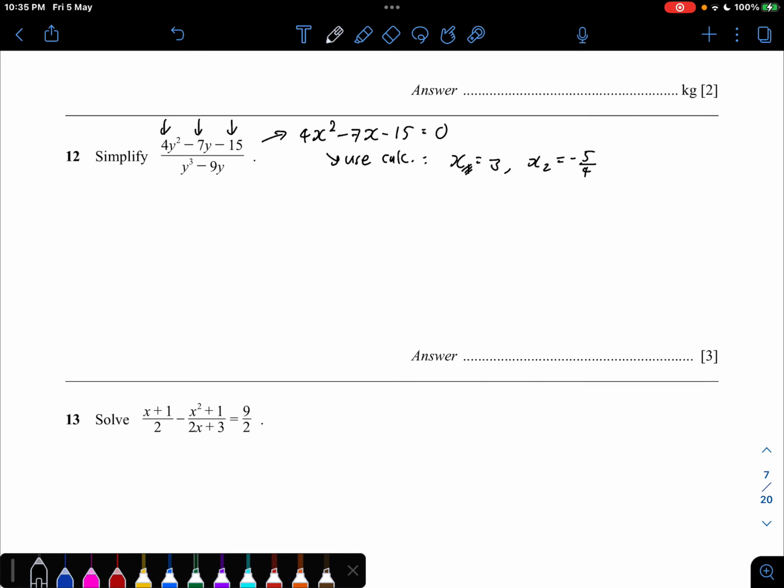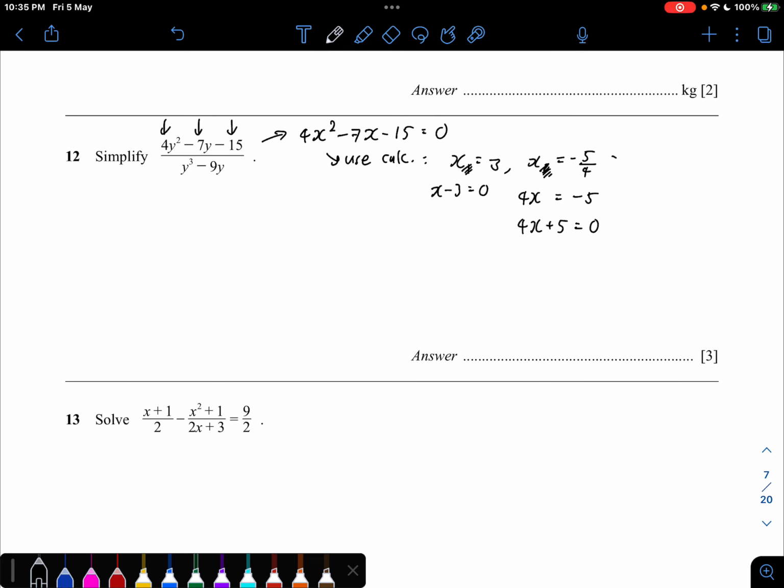Specifically, let's not write the subscript. X equal to 3, you bring it over, you get x minus 3 equals 0. For -5/4, you have to deal with the denominator first. Divide by 4, bring over, then you times 4, so you get 4x equals -5. Then you have a -5 on the right side. You must always make sure it's a 0. So -5, bring over, you get 4x plus 5 equals 0.